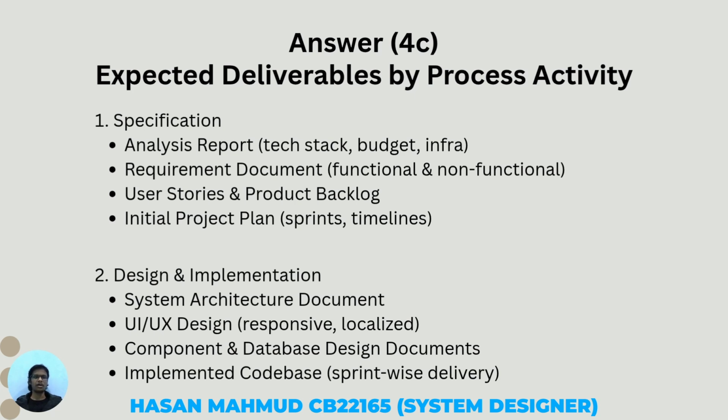So first of all, we have specification, including the analysis report, requirement document, including functional and non-functional requirements. We also have user stories, product backlog, and the initial project plan. The second one is design and implementation, including the system architecture document, the UI and UX design, component and database design documentation, and the implemented code base.